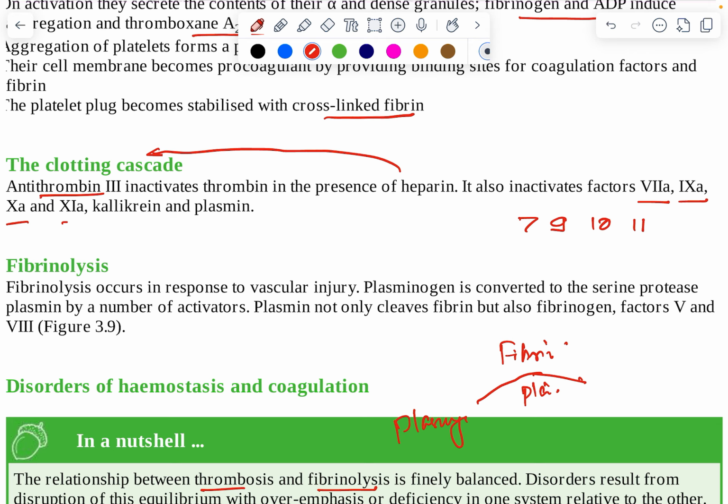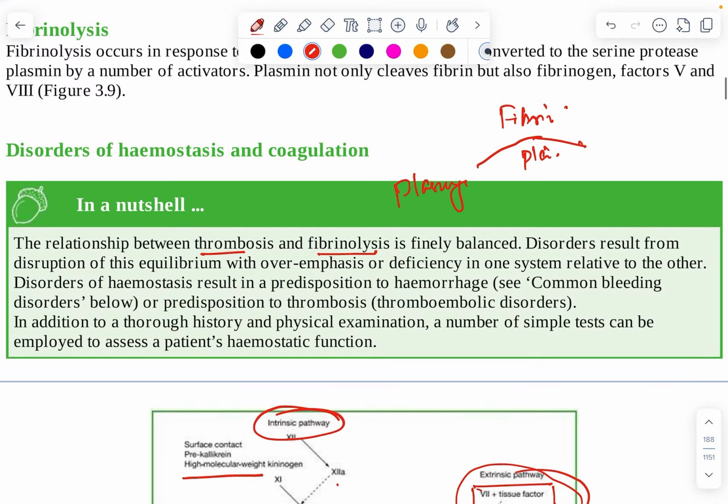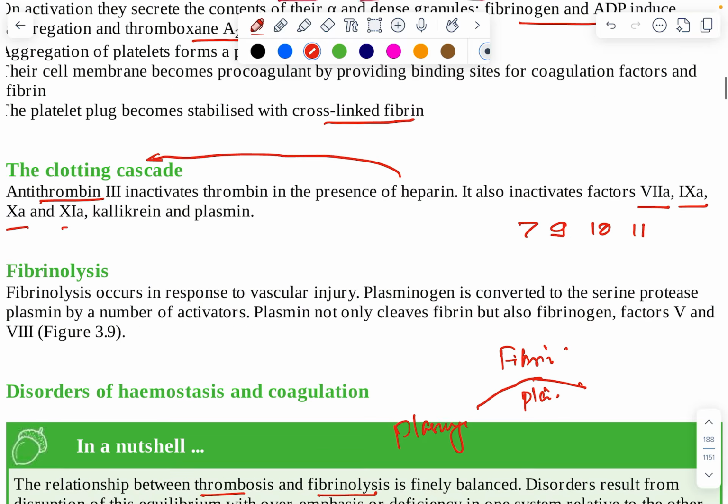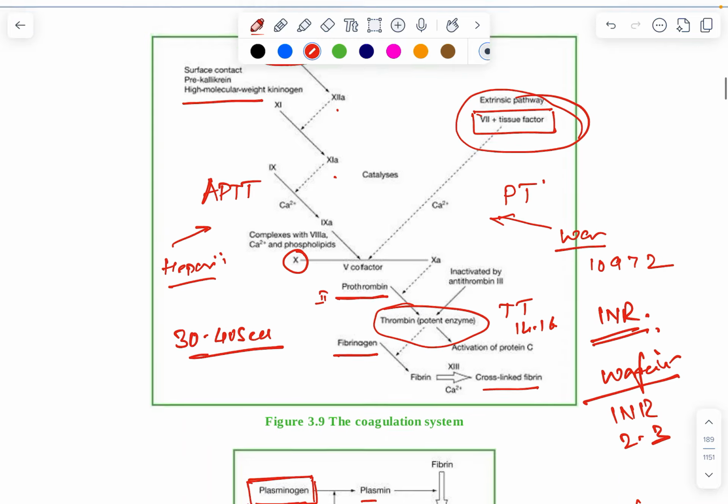In the presence of heparin, heparin activates antithrombin, which inactivates thrombin. It also inactivates factors 7, 9, 10, 11, kallikrein, plasmin. So 12 is the last, plasminogen activator to plasmin, and so 7, 9, 10, 11, 12.